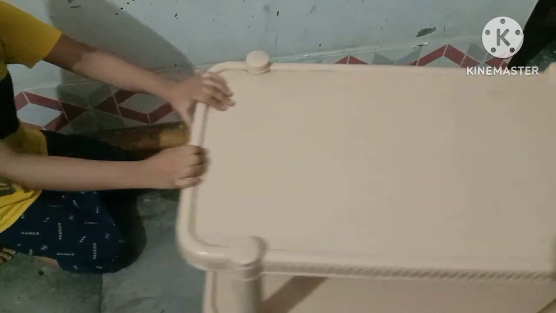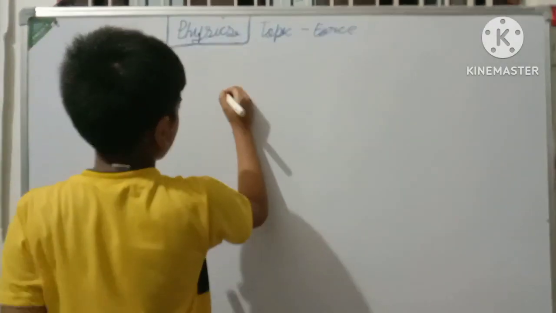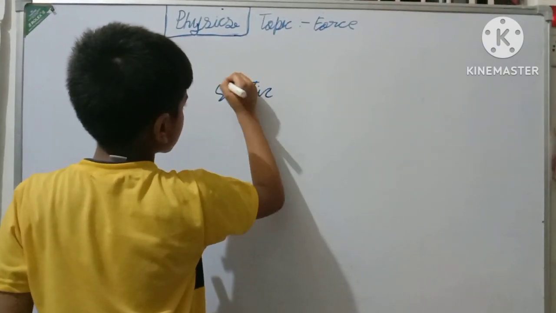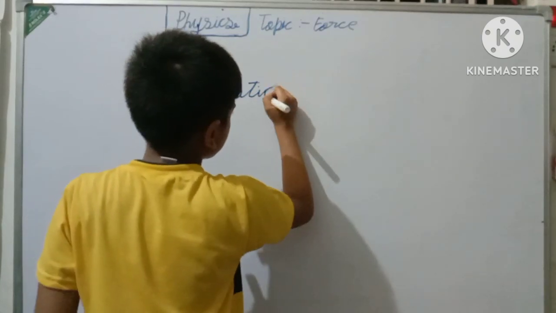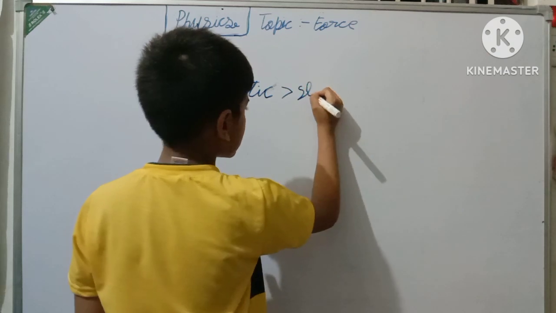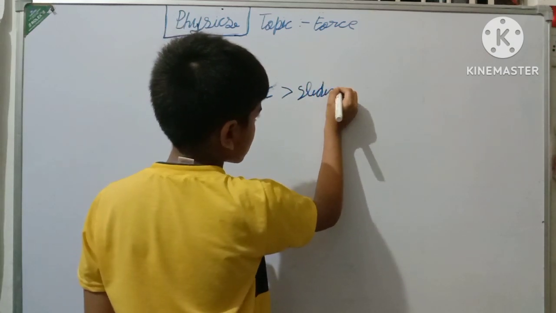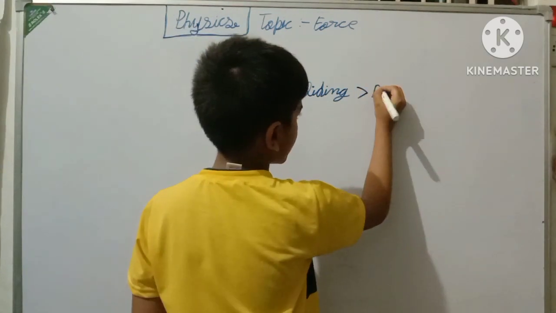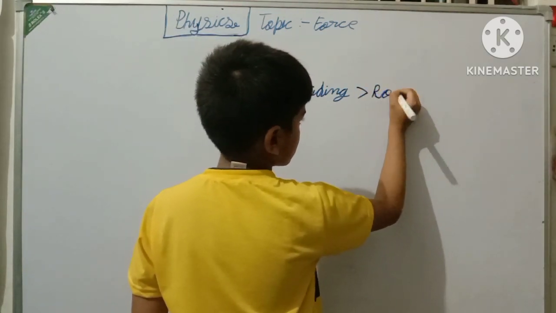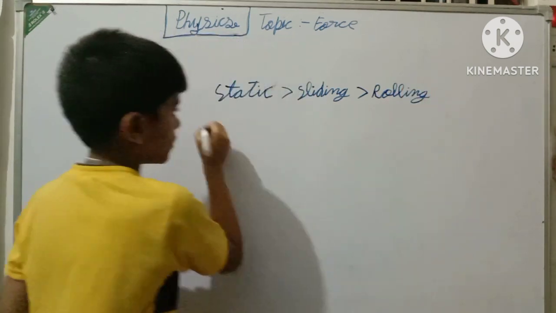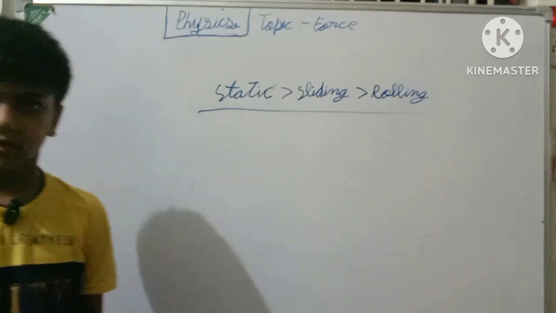So static is greater than sliding, which is greater than rolling. So there you go, the decreasing order of frictions.